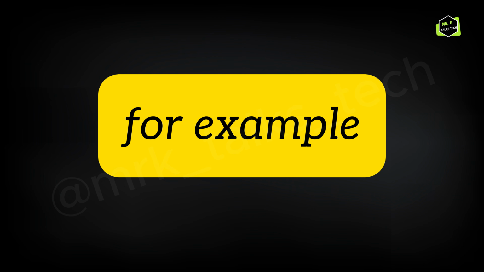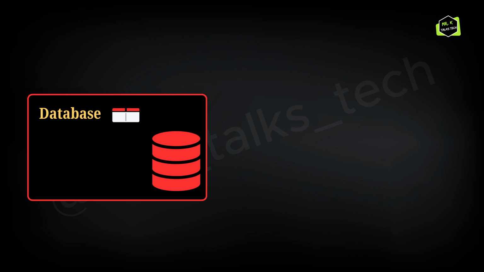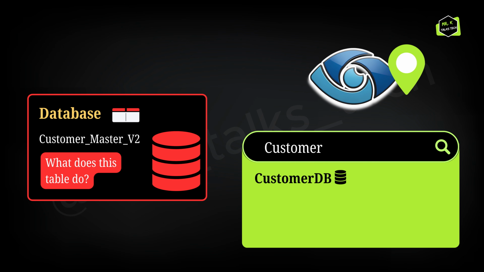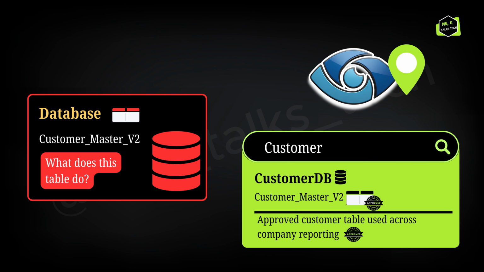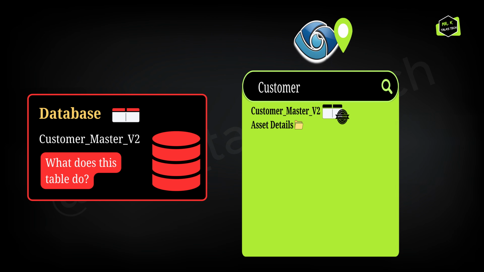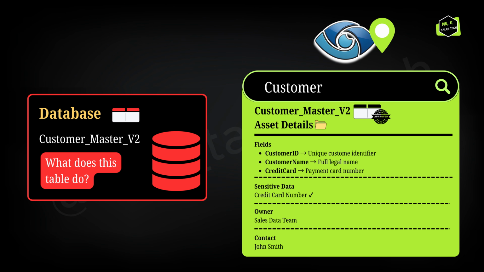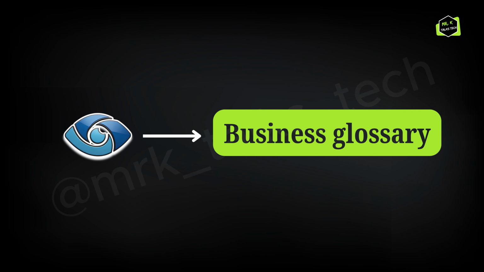For example, instead of seeing a table with a confusing name like Customer Master version 2, an engineer can see that it is the approved customer table used across company reporting. They can also see what the fields mean, whether the table contains sensitive information, and who to contact before making a change.